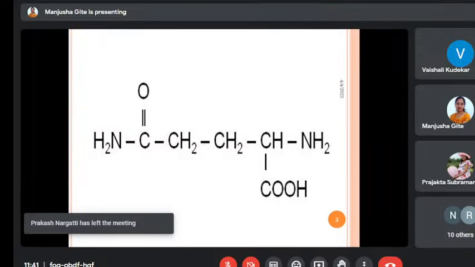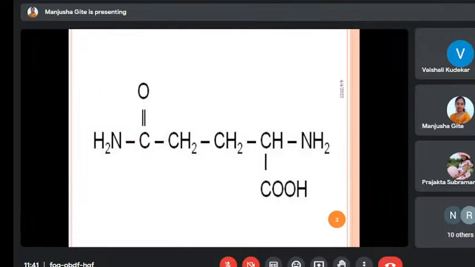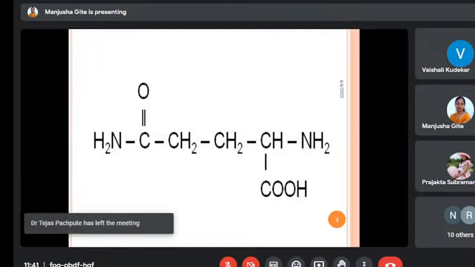The ether range is 1000 to 1100. In this region, if ether is there, you will get a sharp peak. If it is a half ether, particularly observed in acid, ester and anhydride, you will get that peak weak. Weak means its intensity is less.